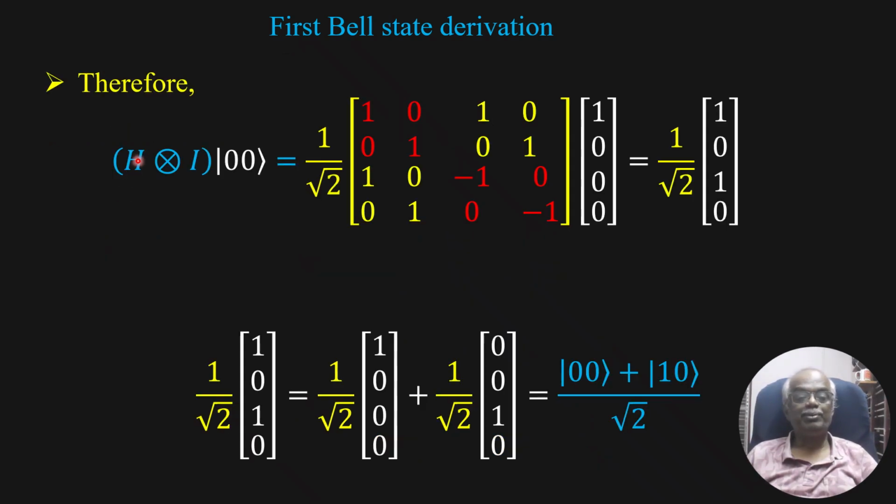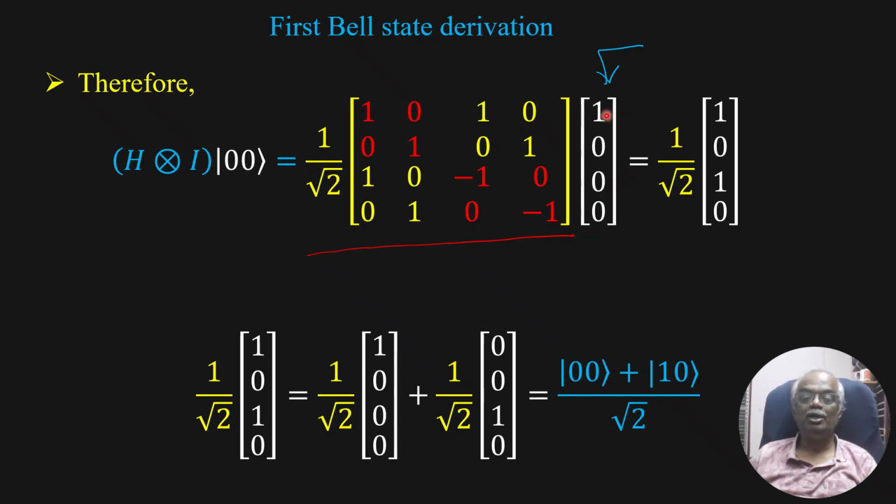The tensor product of the Hadamard matrix with the identity matrix acts on |00⟩. The matrix is the one we just saw, and |00⟩ can be represented as the column matrix [1, 0, 0, 0].